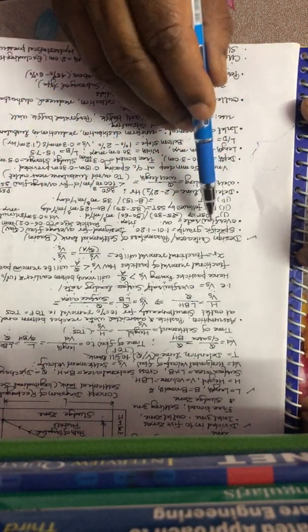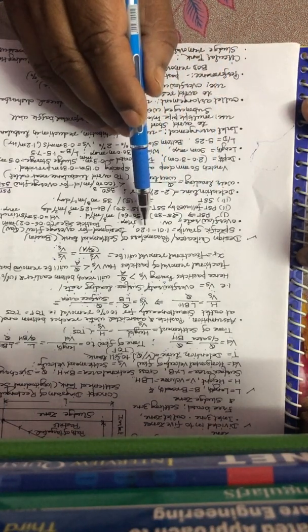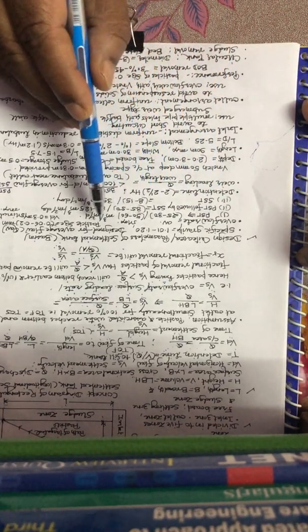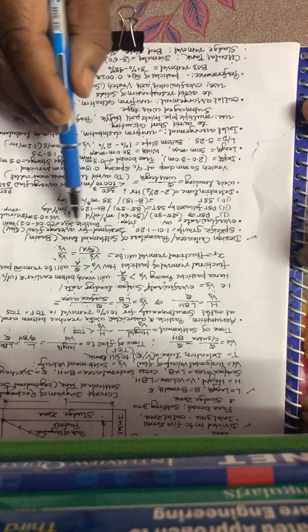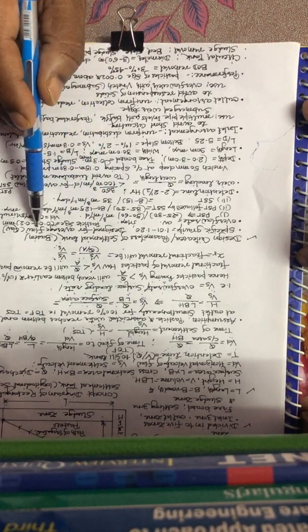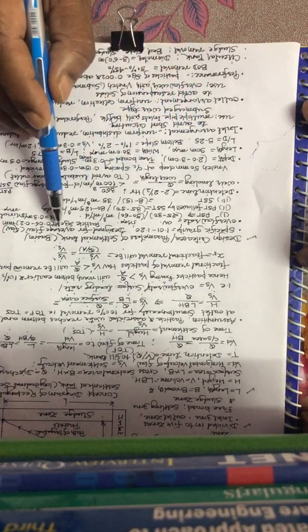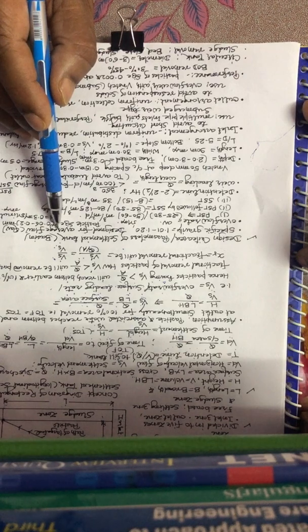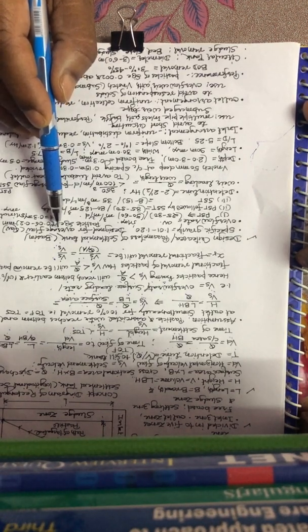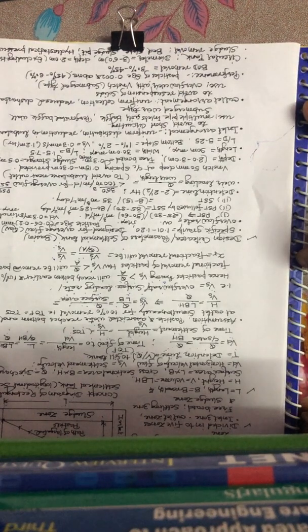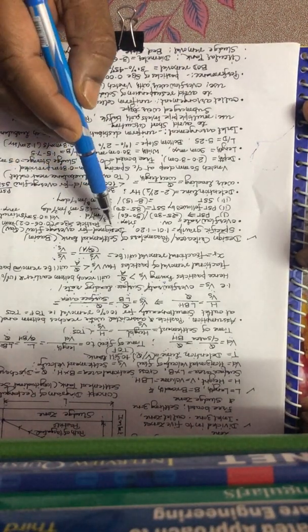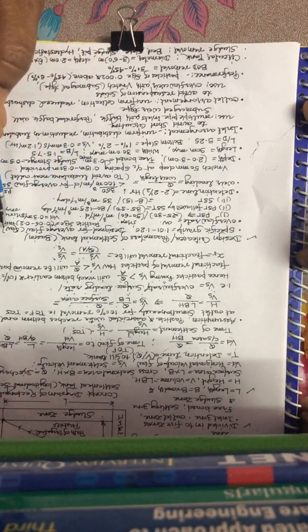The targeted particle has a specific gravity 1.01 to 1.2, and the settlement tanks are designed for average discharge. Earlier we designed screens and grit chamber, and they were designed for maximum discharge. Why? Because the detention time of these was very small, in seconds or minutes, but the detention time in settlement tank is in hours. That is why they are designed for average discharge.